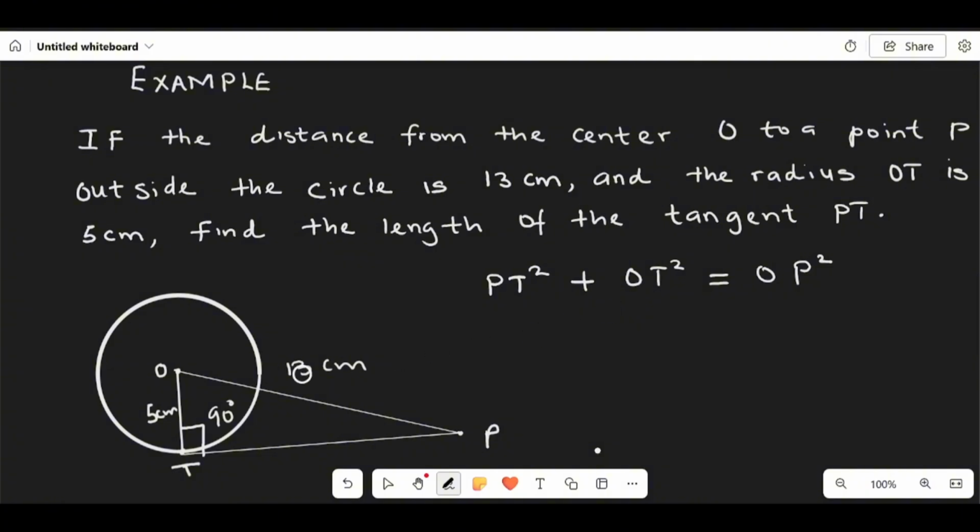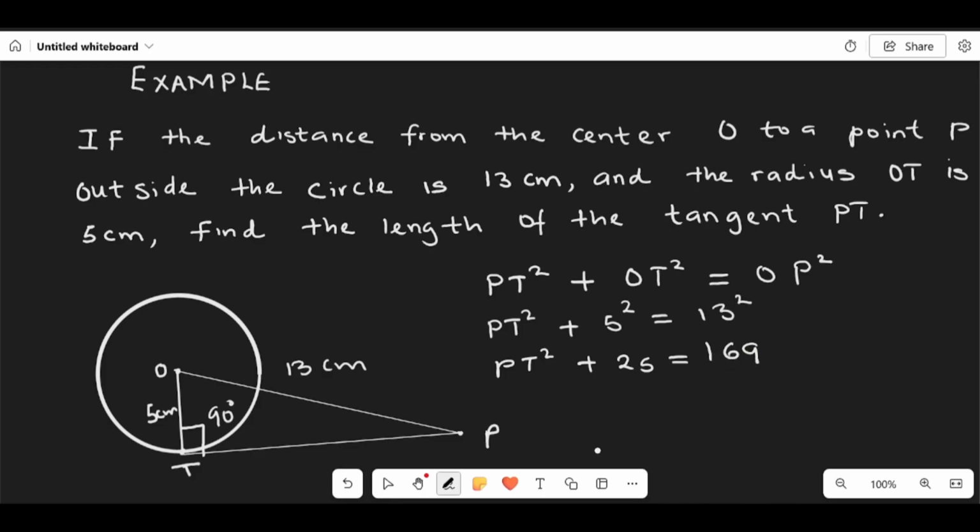Our OT is 5 centimeters and our OP is 13 centimeters. Let us substitute it into this equation. PT squared plus 5 squared equals 13 squared, and 5 squared is 25, equals 169. Our 13 squared is 169.